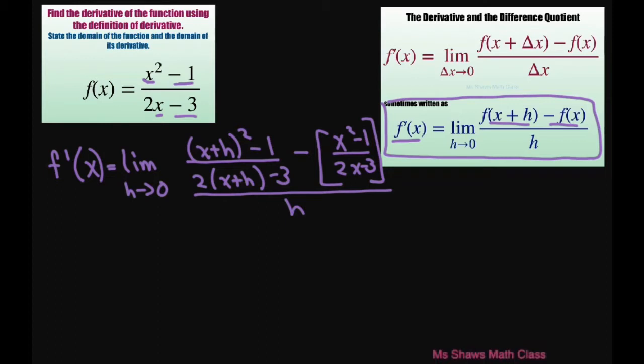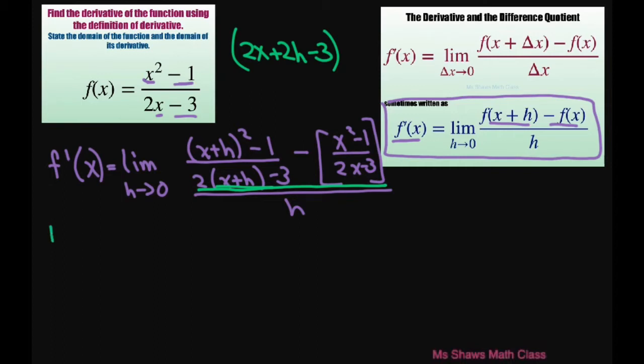All right. The next step, let's look at the numerator and get our common denominator. So the common denominator is going to be 2x plus 2h minus 3 and then 2x minus 3.